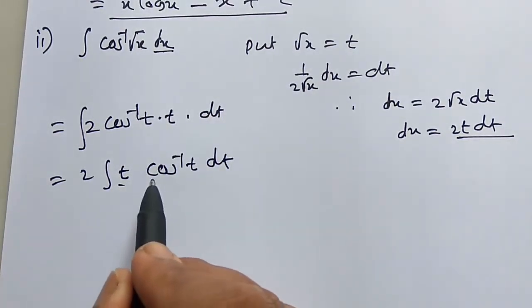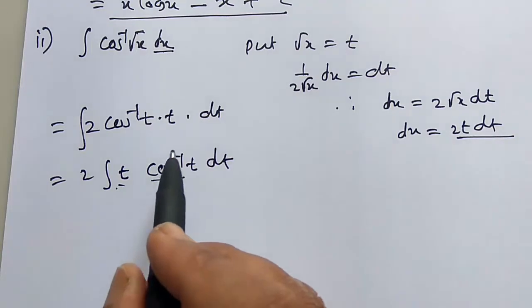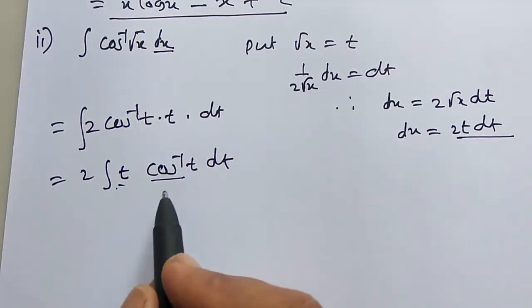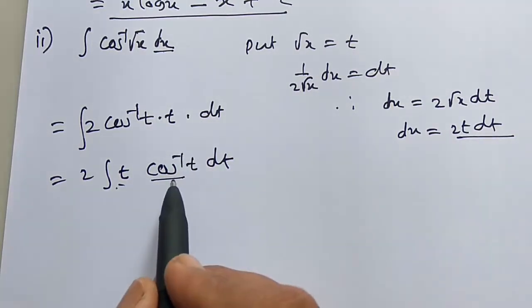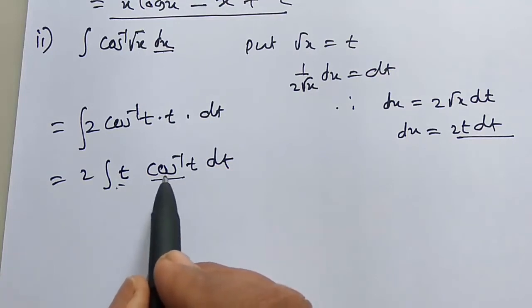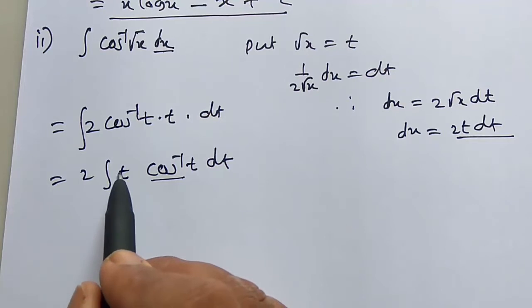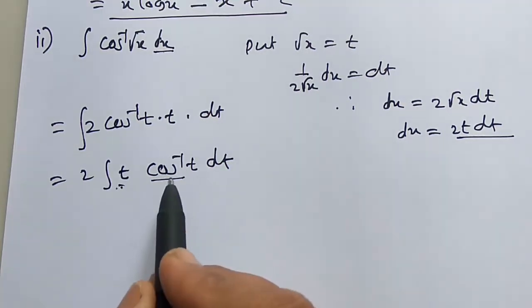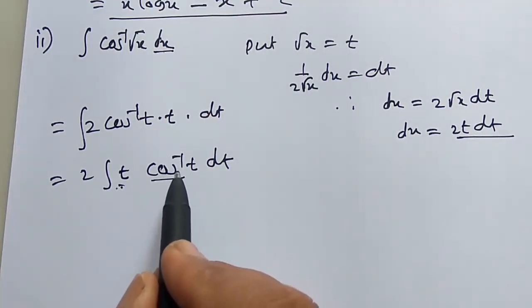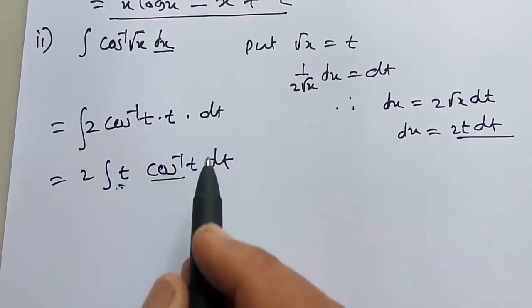Here it is again a product of two functions, so we use integration by parts. Here we take t as the first function because its derivative is going to vanish, and we know the derivative of cos inverse of t.